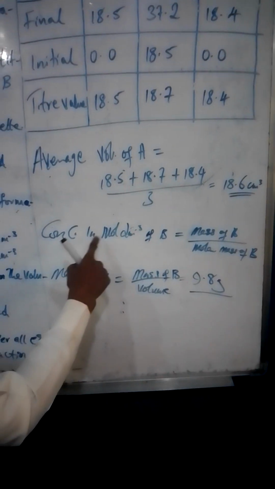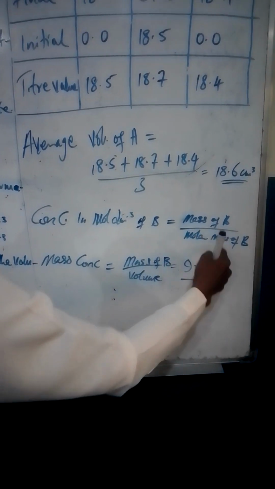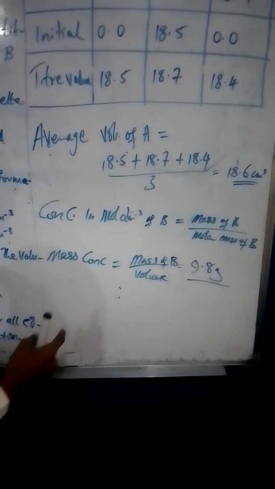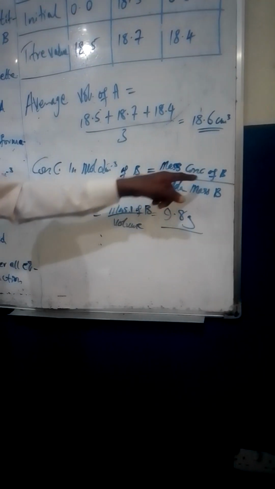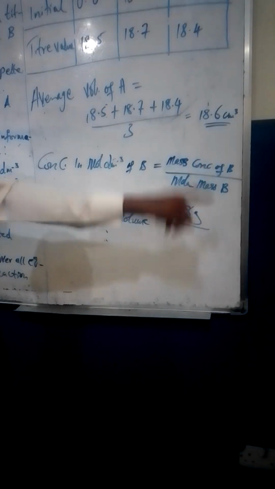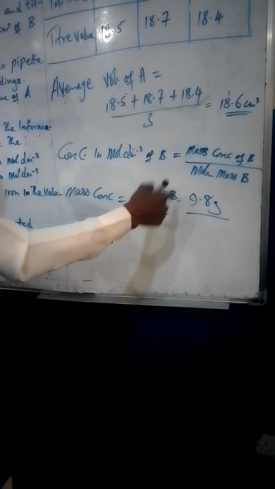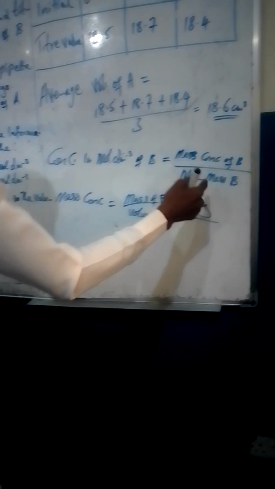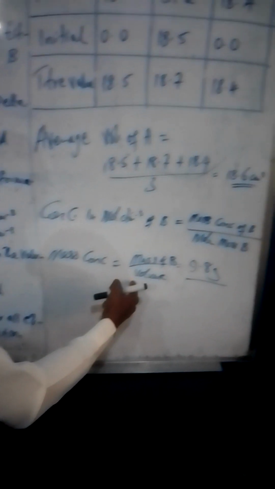Concentration in mole per dm cube of B is equal to mass concentration of B over molar mass of B. So mass concentration is equal to mass of B over volume. The mass of B given is 9.8. The volume of B given is 250 centimeter cube, but you convert to dm cube because we are dealing with dm cube.